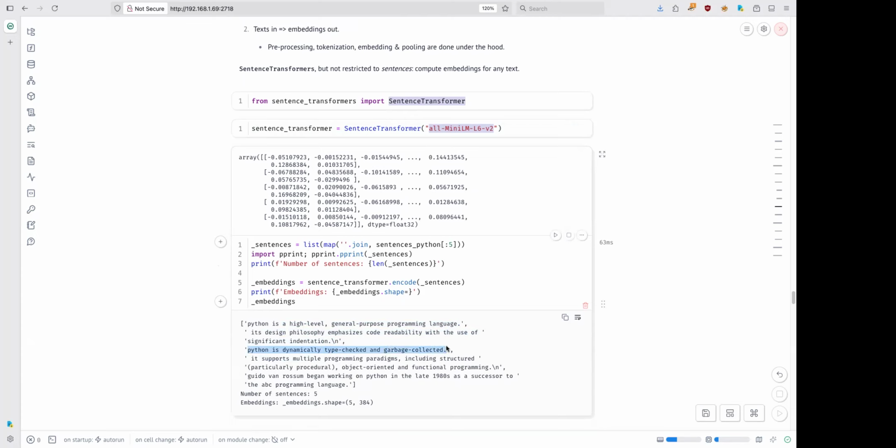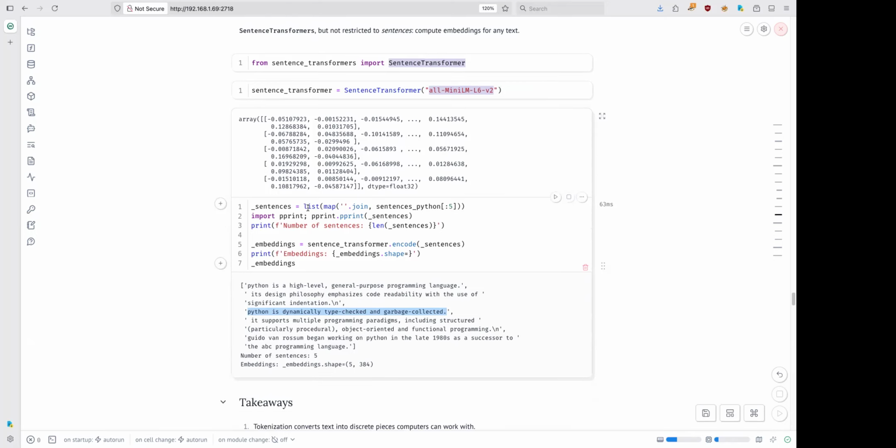So our goal now is to convert each sentence into an embedding. Earlier, we saw how to convert tokens into embeddings. Here we convert sentences or pieces of text into embeddings. That's a different kind of task.